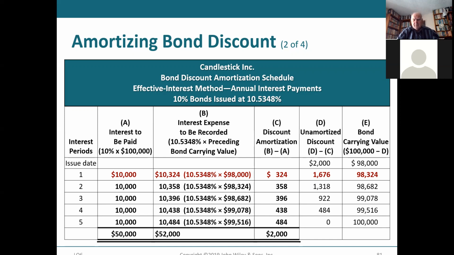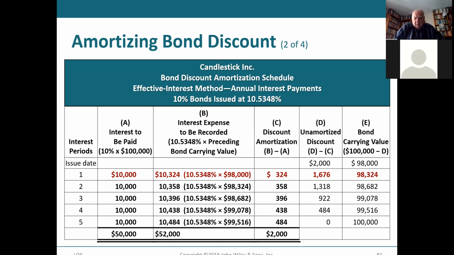Sure. Yeah. What we're doing here with the effective interest rate is we're always going to be multiplying the net book value of the bond right here, right? 98,000. You multiply that by 0.105348. That gives you the total interest. That's what the formula is.